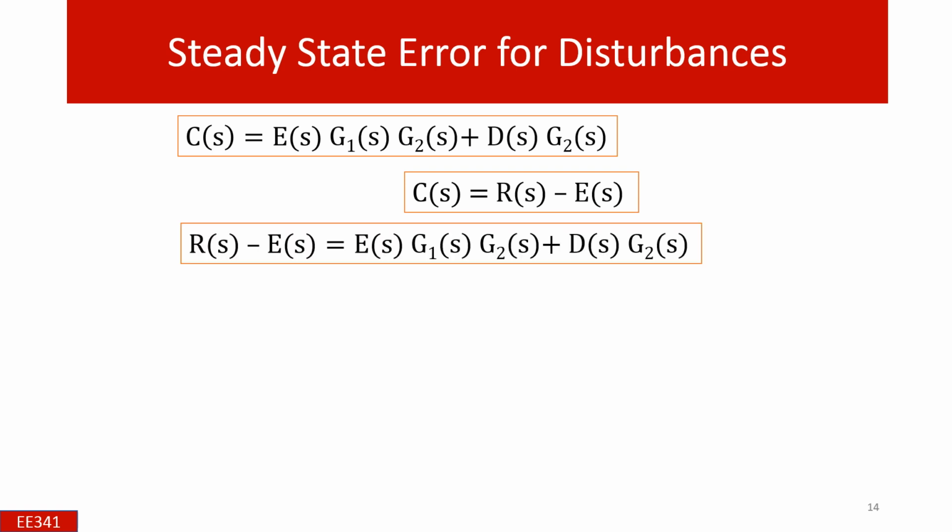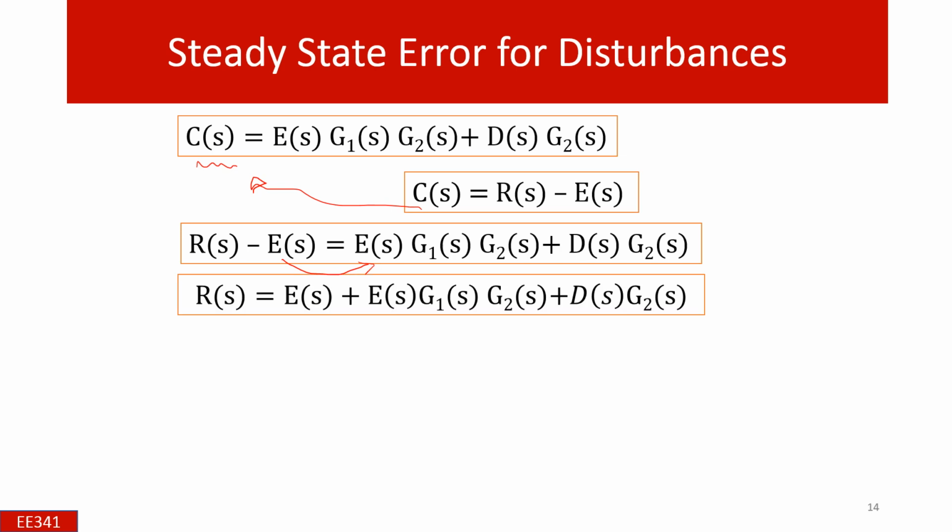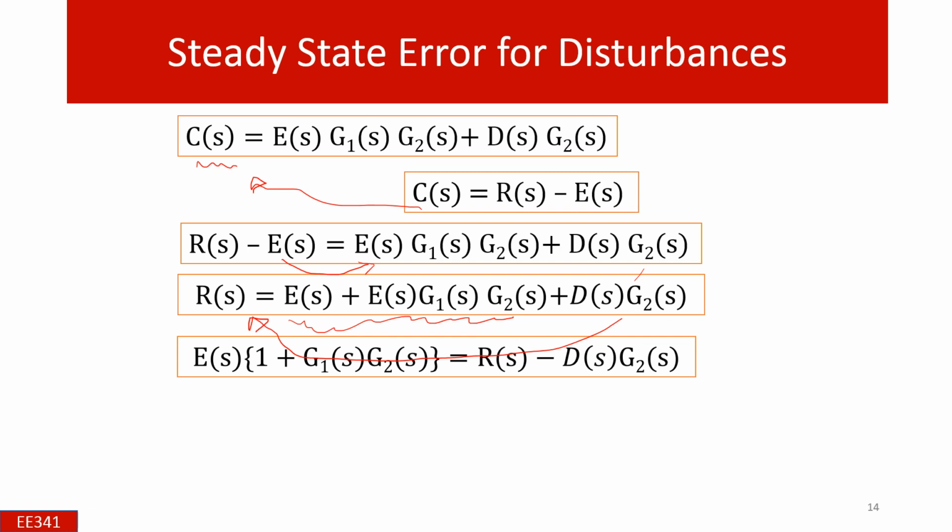By substituting these values here we get this expression. Now we take the E(s) terms to the left-hand side, taking E(s) common in both terms, and the other term goes to the other side of the equality. So we have E(s) times (1 + G1 G2) equal to R(s) minus D(s) G2(s).